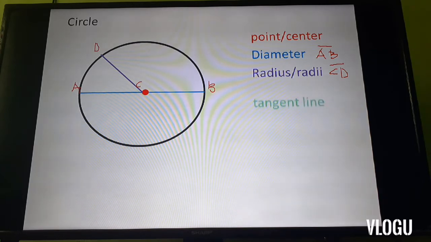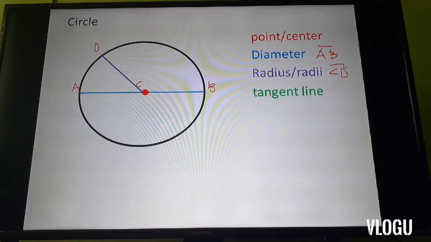The next part of the circle is the tangent line. A tangent line is a line that passes on the circle. Again, it is a line that passes on the circle. Ang ibig sabihin nun, isang klaseng line na dumaan sa gilid at one point on the circle.